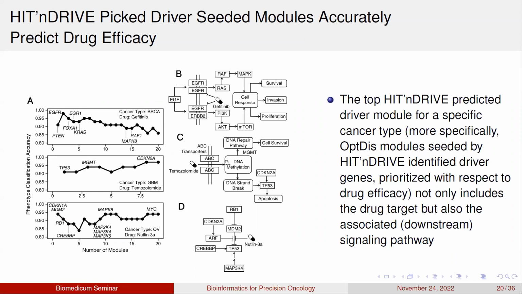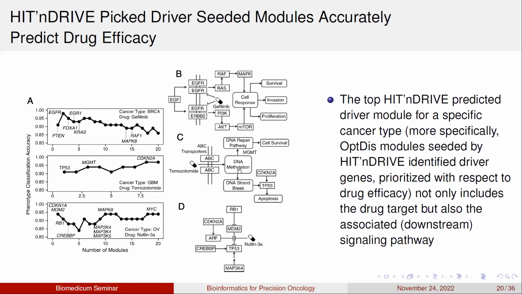In addition, we also identified other genes and proteins that are involved in the targeted pathway. For example, we identified different genes involved in the EGFR pathway, and for temozolomide, we also identified different targets of this pathway.